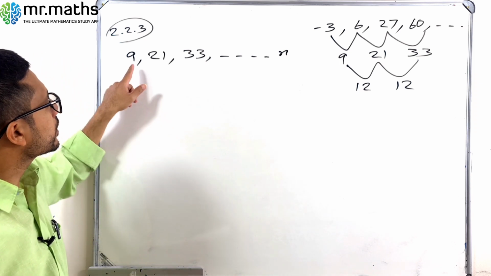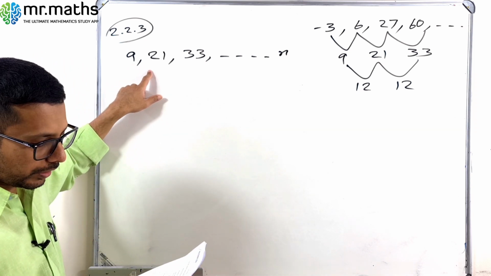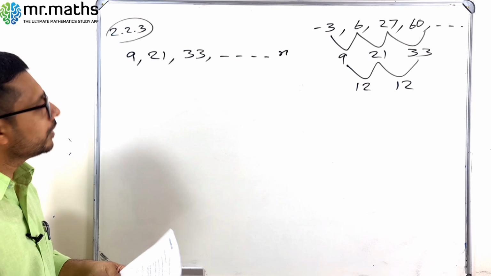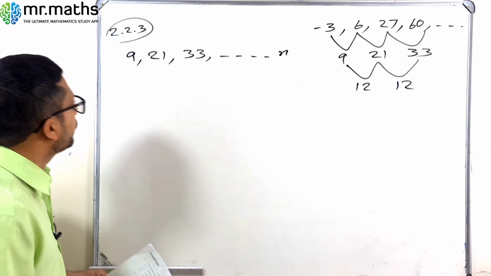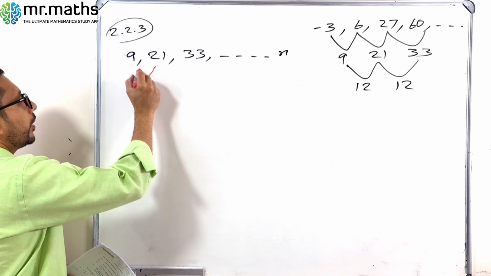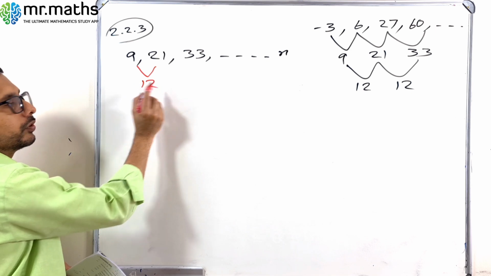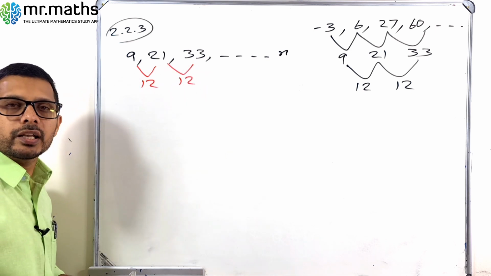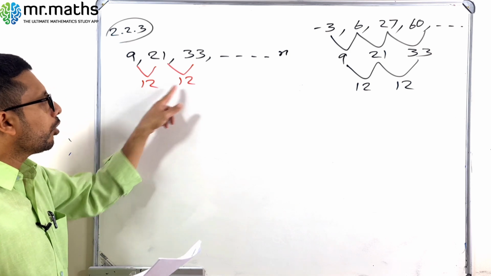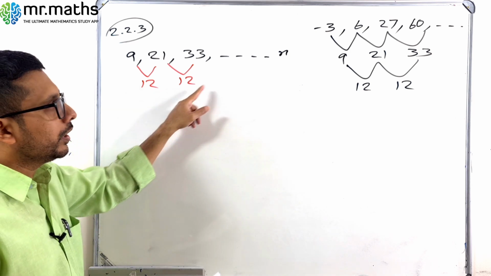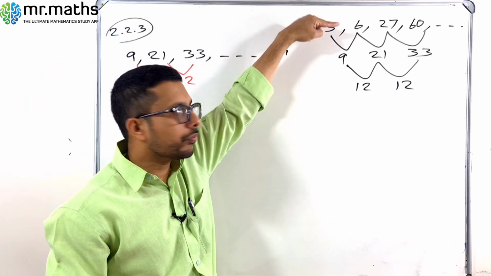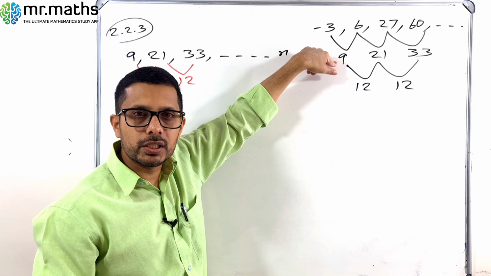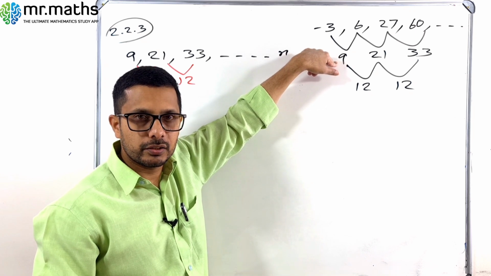So now look at this first difference. What is the common difference here? If you subtract, 21 minus 9, is it not 12? 33 minus 21, that is 12, because this is an arithmetic sequence. Can you see that common difference? Okay, so in a quadratic sequence, the first difference is an arithmetic sequence. You understand?